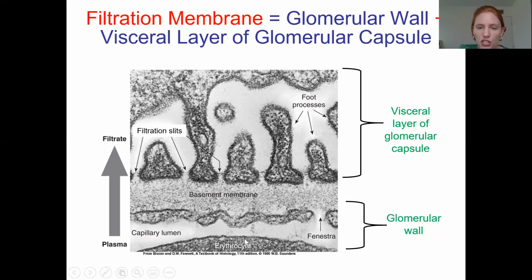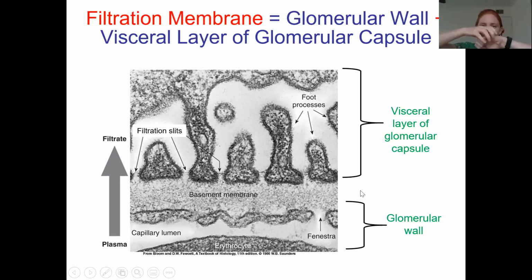The filtration membrane is made up of two structures. The first is just the glomerular wall. So here is just the outside of the glomerulus. Here are red blood cells inside of the capillary bed, and here is the wall of the glomerulus. It's fenestrated, so it's got little pores all in it. It's very holey.